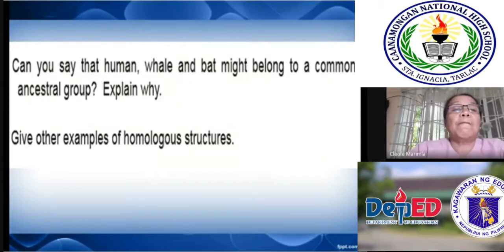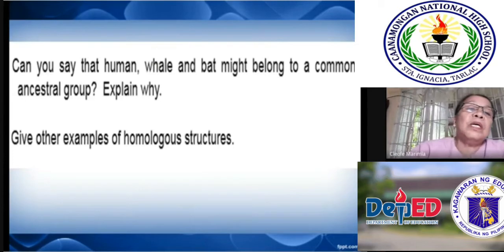Yes, the human, whale, and bat belong to a common ancestral group because they have the same structure and origin and perform different functions. And this suggests that they share a common ancestor.